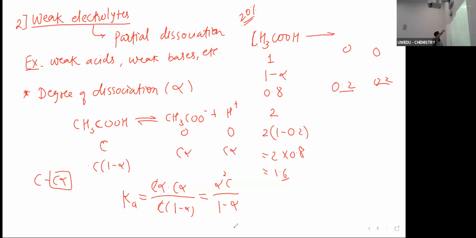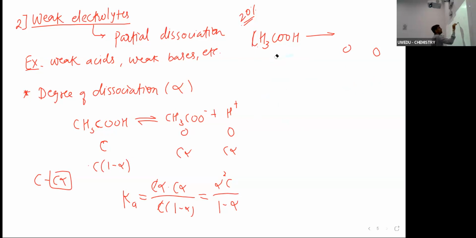And then to calculate the I value: I means observed colligative properties upon theoretical, right? Or we can say the colligative properties after dissociation or association upon colligative properties before dissociation or association. I is C minus C alpha plus C alpha plus C alpha, divided by C before dissociation.